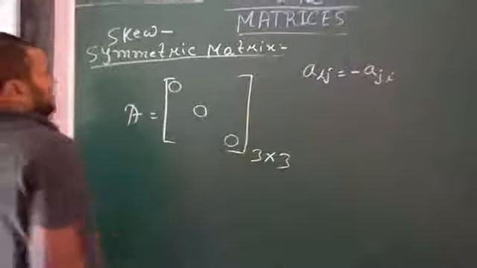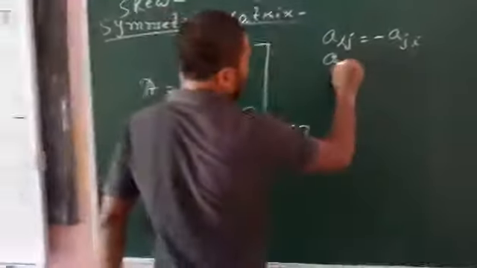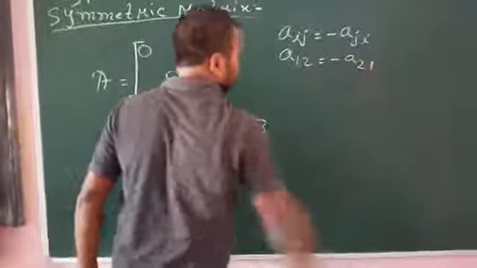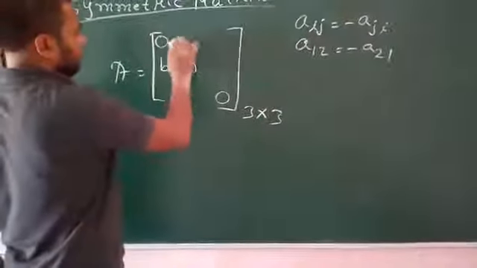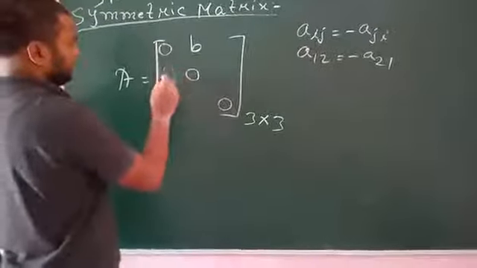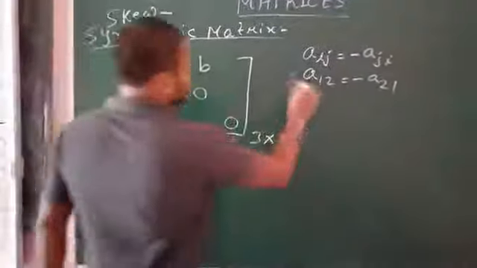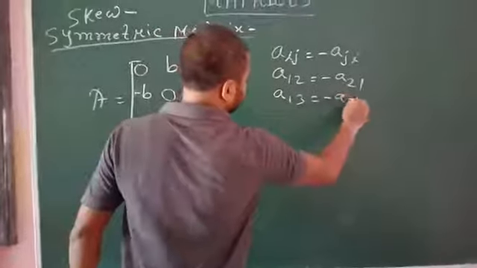So this element is A12. A12 is negative of A21. So if I write here B, here it will be minus B. Again, for this element, A13 is negative of A31.